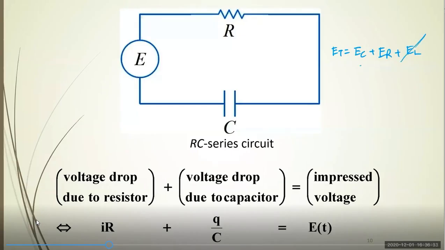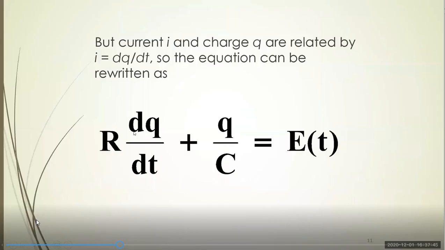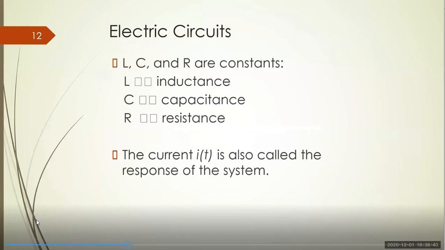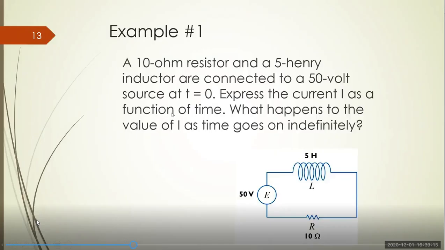So EC is equal to Q over C plus IR. This is your ET. You have to take note that the current is the change of charge with respect to time.